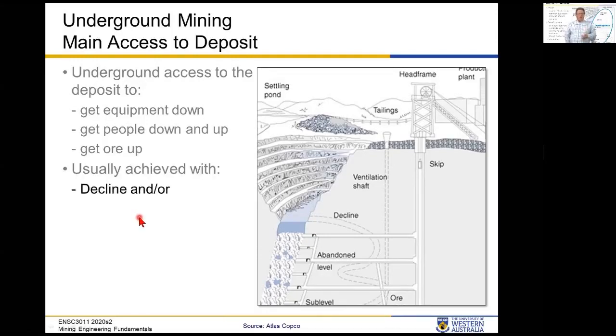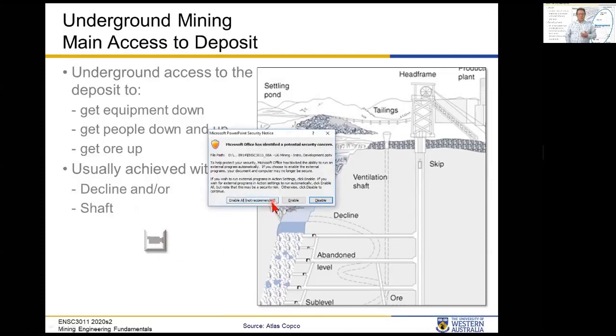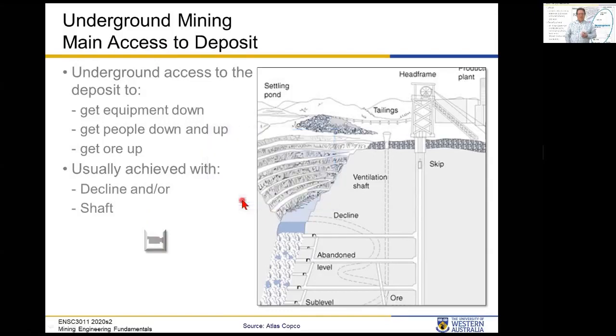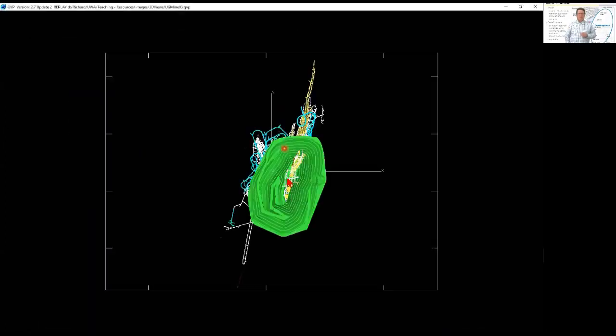Usually achieved, as I said, either with a decline or with a shaft, or sometimes in bigger mines with both. And this is a 3D schematic of an underground gold mine, and it shows just perhaps some of the complexity.